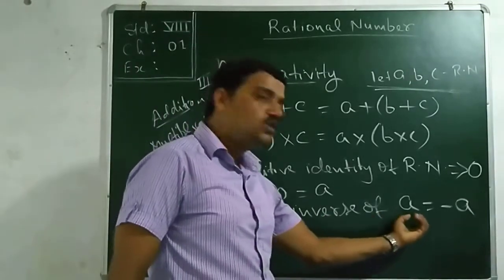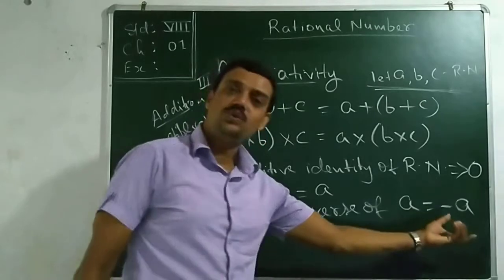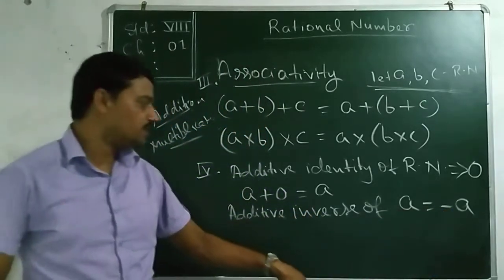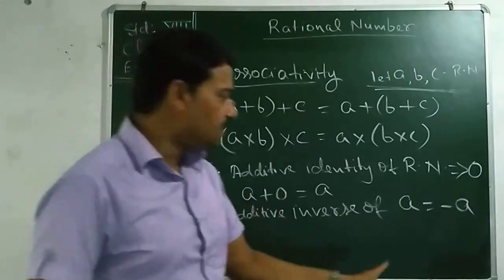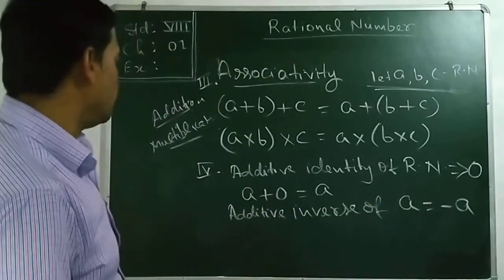Technically, to find the additive inverse, you can multiply by minus 1. If you multiply a rational number by -1, you will get its additive inverse.